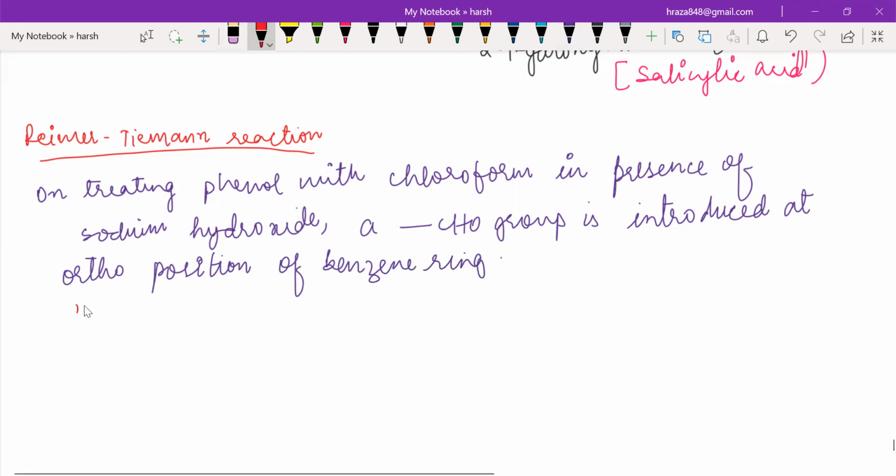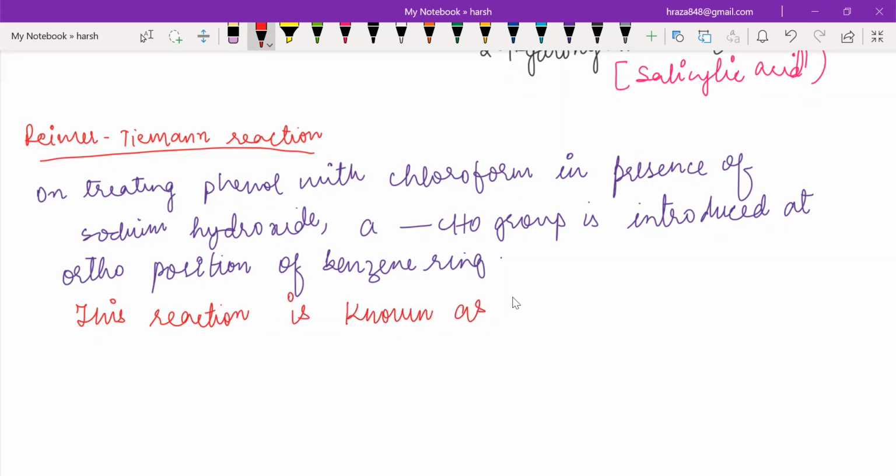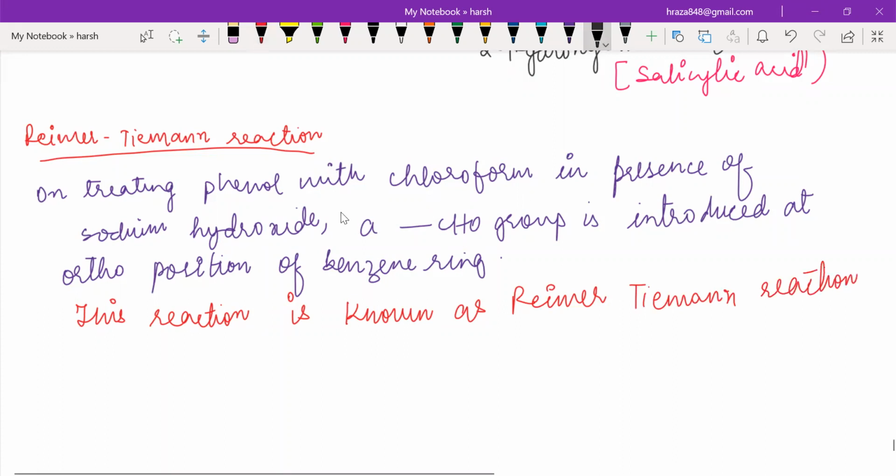This reaction is known as the Reimer-Tiemann reaction.